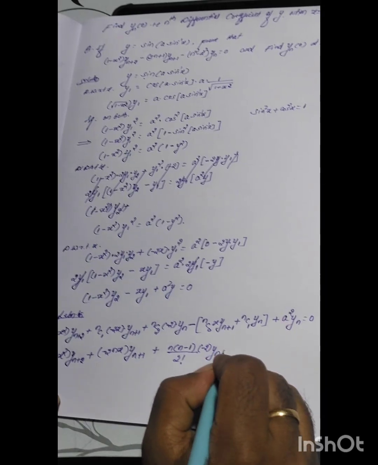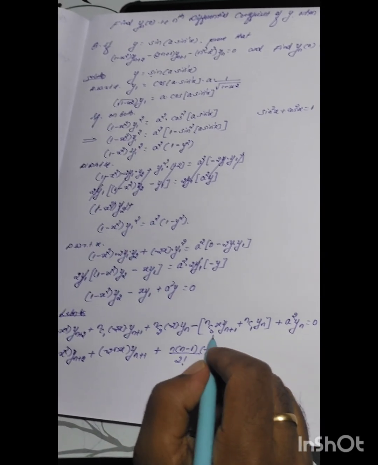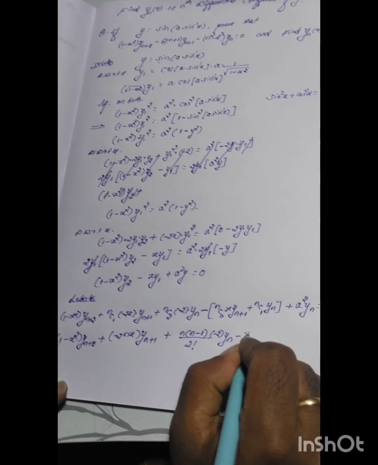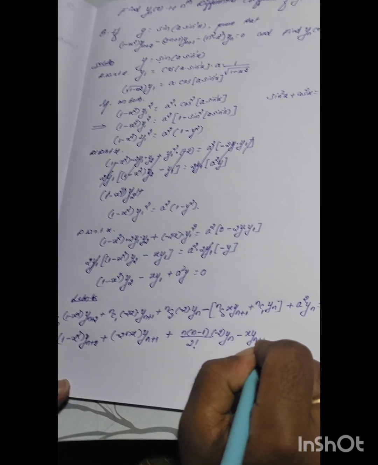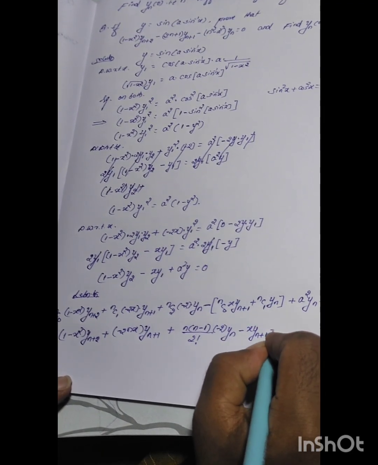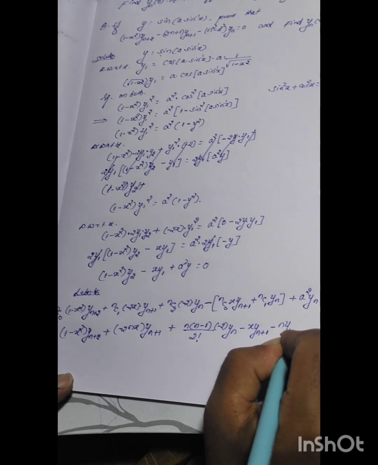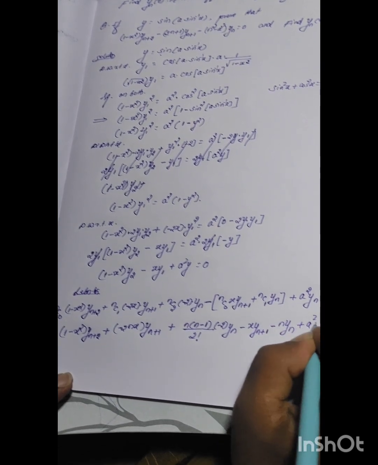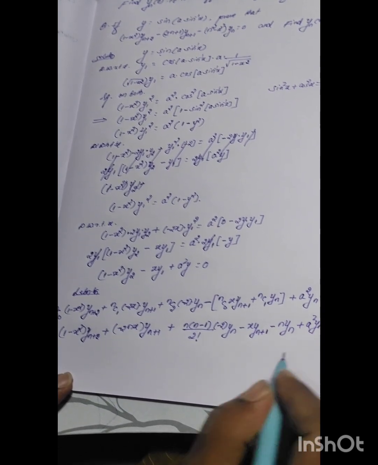Open this minus sign: nC0 is 1, so minus x y(n+1), and nC1 is n itself, so this will become minus n yn, plus a square yn, equal to 0.